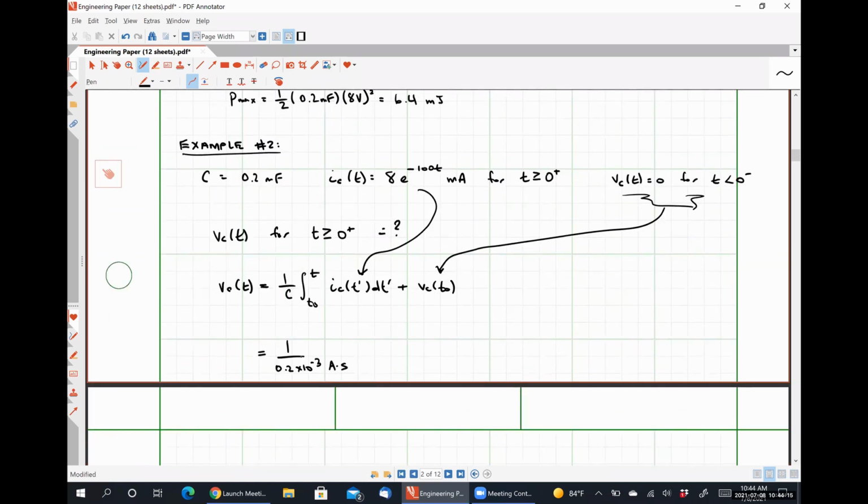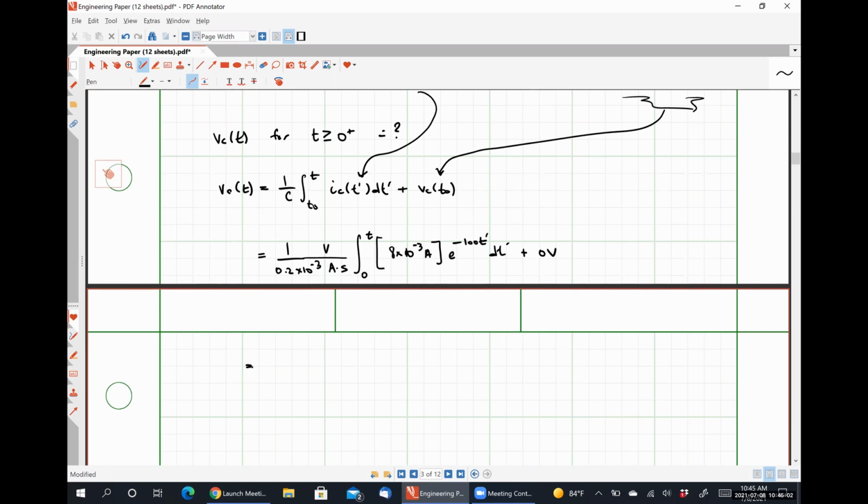Amp second per volt, times the integral from t equal to 0 seconds to some later point in time that we are interested in of 8 times 10 to the minus 3 amps e to the minus 100t dt plus 0 volts.